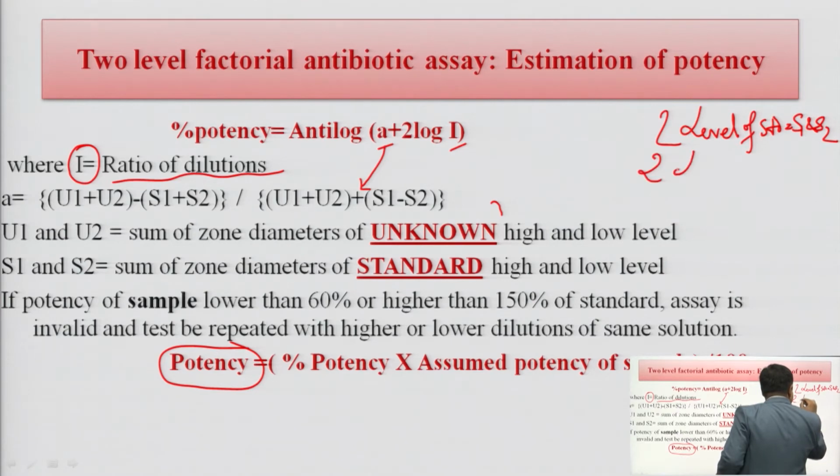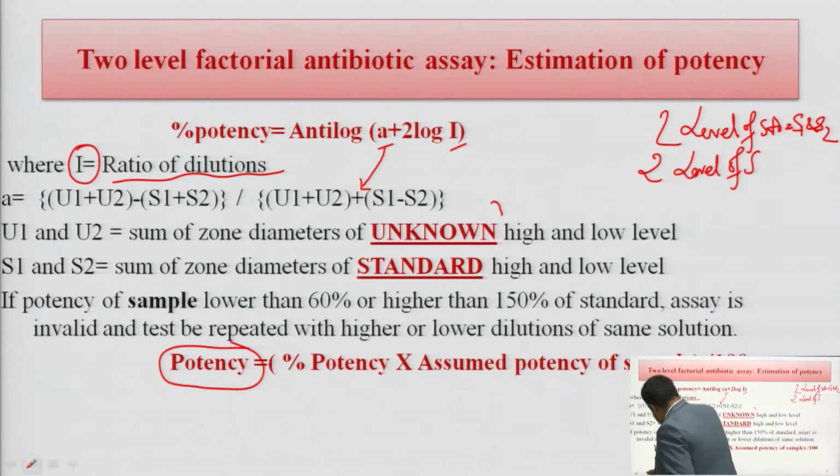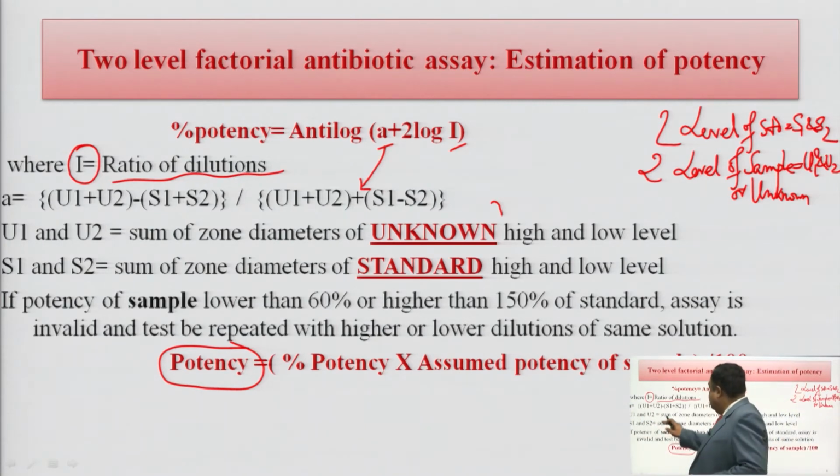You have also taken two levels of sample or unknown, U1 and U2. So, U1 and U2 are the zone diameters of U, which stands for unknown, unknown high and unknown low. S1 and S2 are the zone diameters of standard high and standard low.